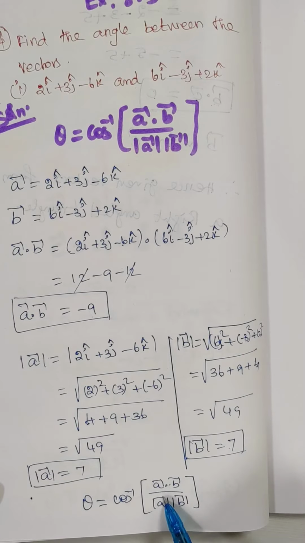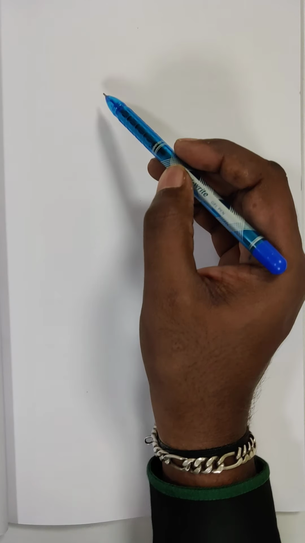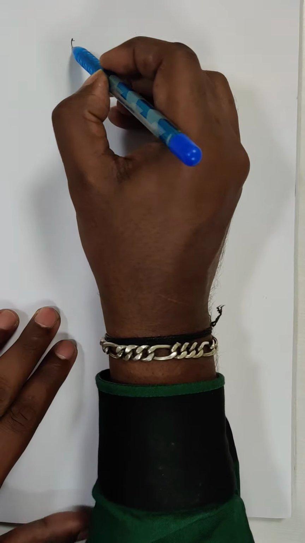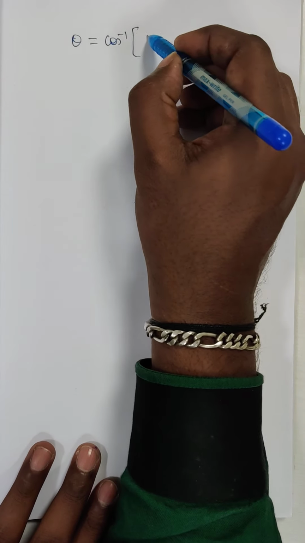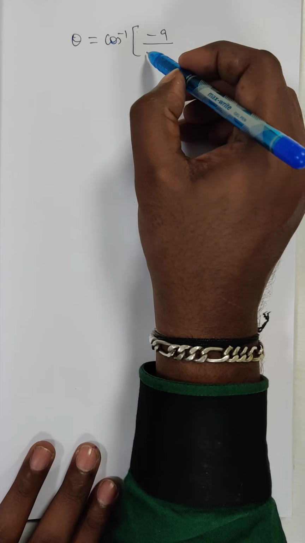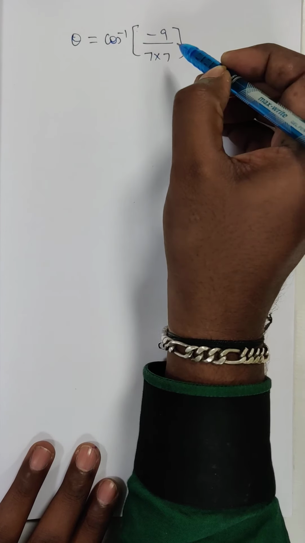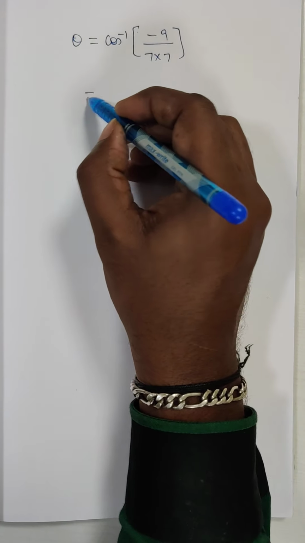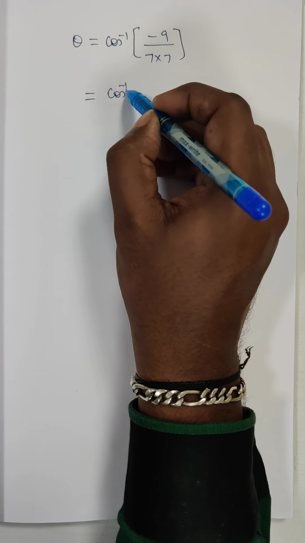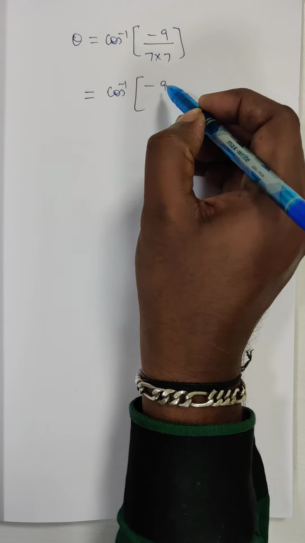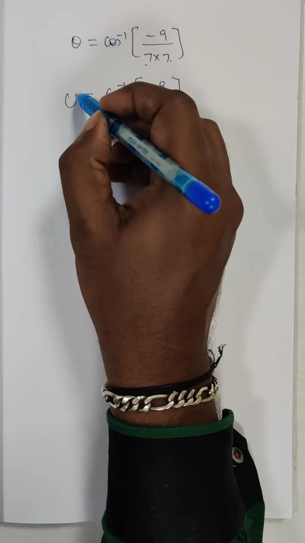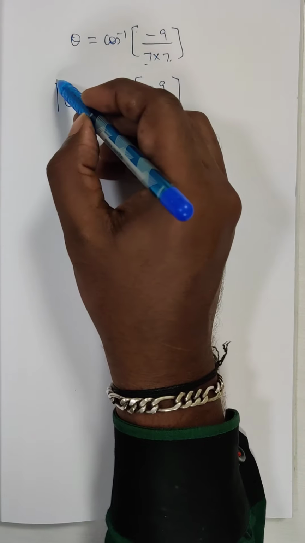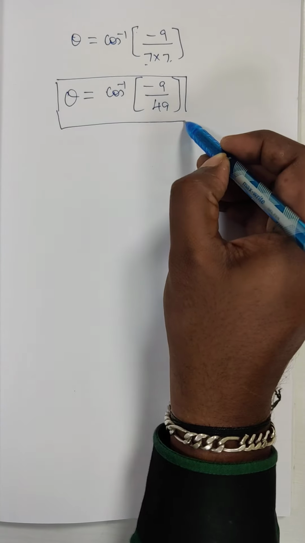I am going to substitute here. So theta is equal to cos inverse of minus 9 divided by 7 into 7, that is cos inverse of minus 9 by 49. This is the angle between the two vectors, a vector and b vector.